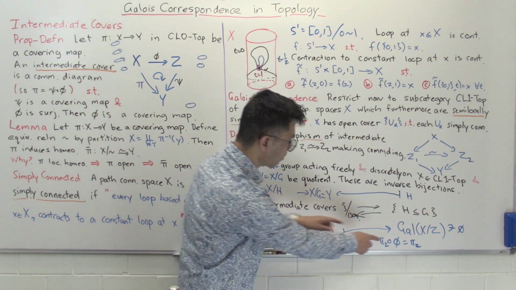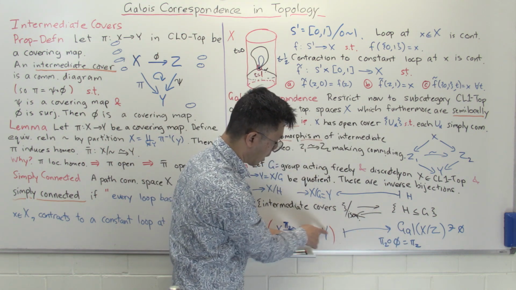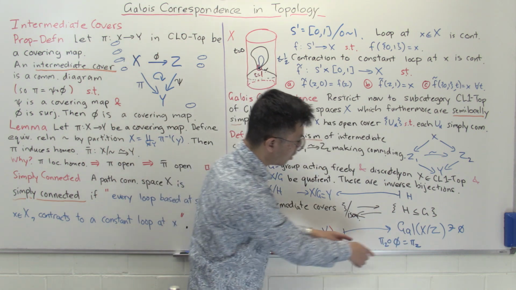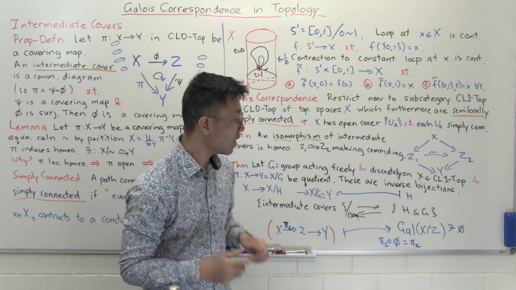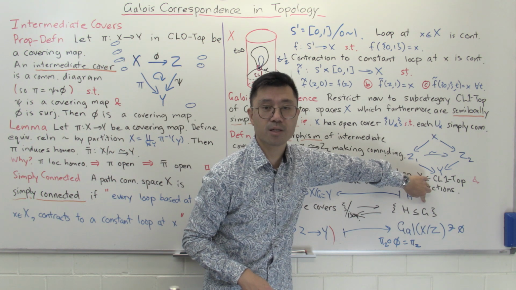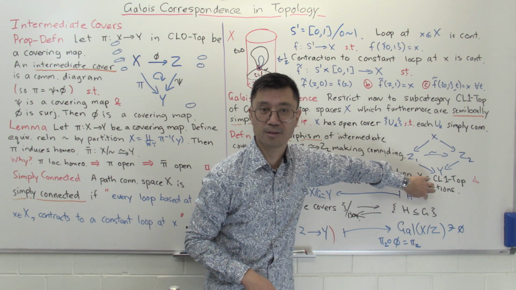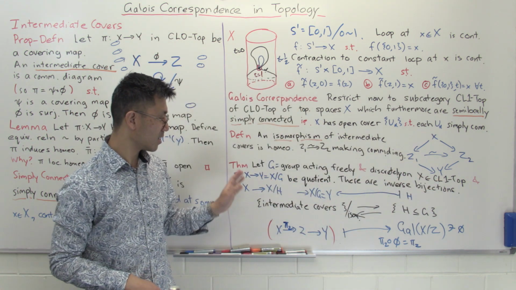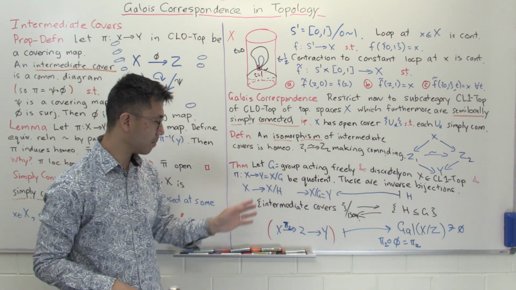If you compose both of these with this quotient map, that equation holds. And so each of the elements inside here is indeed an element of the Galois group of X over Y and hence of G.